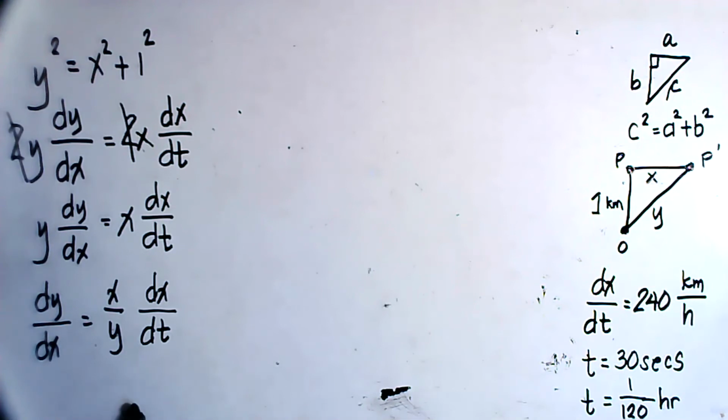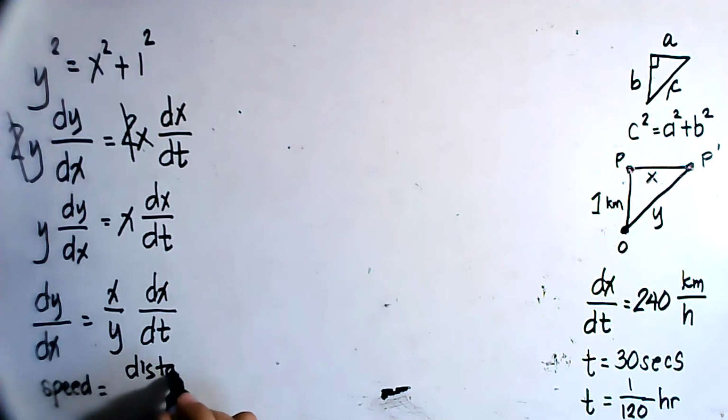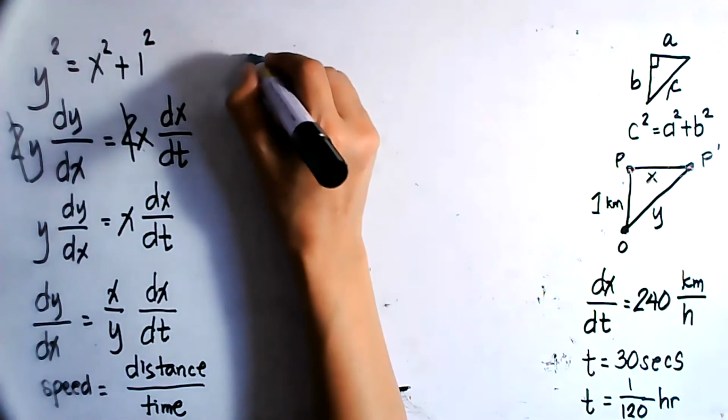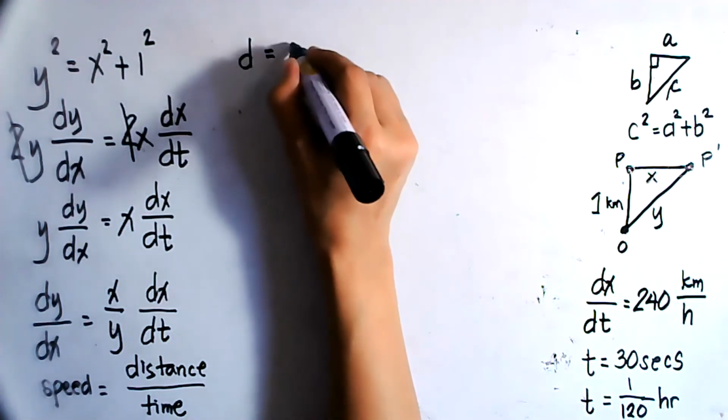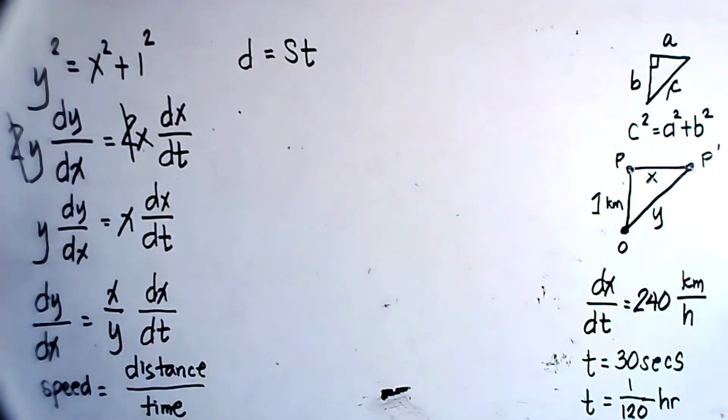And you would notice that the value of x can be determined using the formula for speed. Speed is simply equal to distance over time. And therefore, if you want to determine the distance, distance is equal to speed times time.